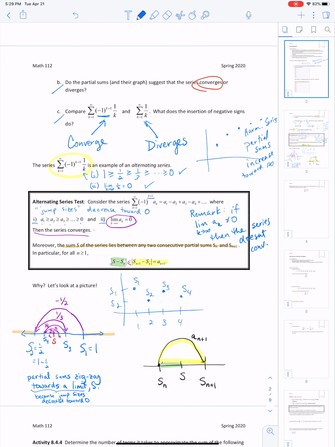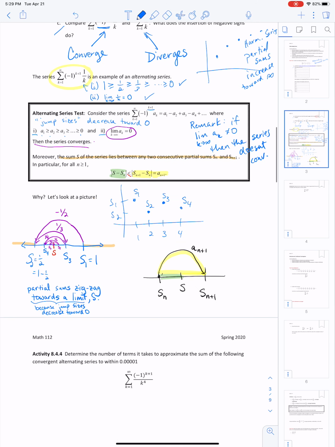So, now moving on to the second statement, that the sum of the series lies between any two consecutive partial sums, and this inequality right here. Let's go ahead and do activity 8.4.4 to show how this can be useful. So the idea here is to determine the number of terms that it would take to approximate the sum of the convergent alternating series to within 0.00001, right?